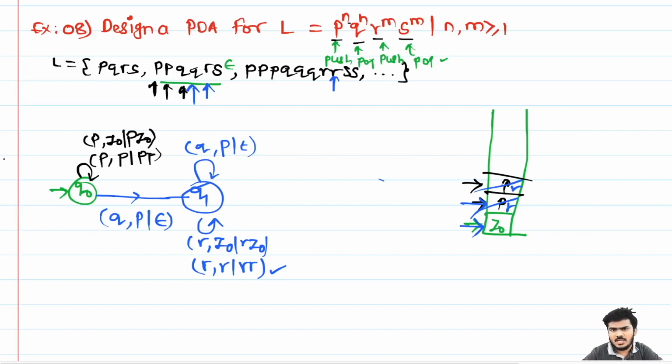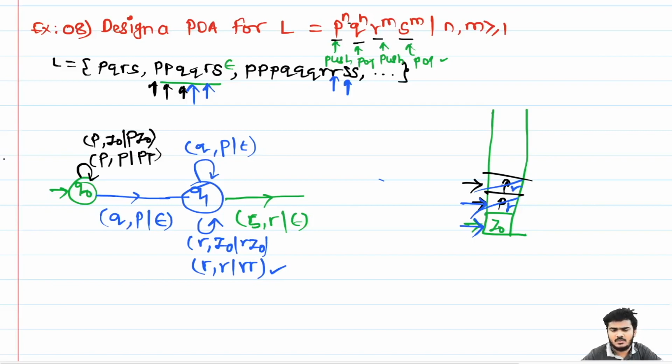Now suppose R is over and now S started occurring. Whenever S started occurring, we have to pop the things from the stack. So for this, input is S and top of the stack is R. I have to pop the things and I will change the state, because if I stay in the particular state, then again R may occur.